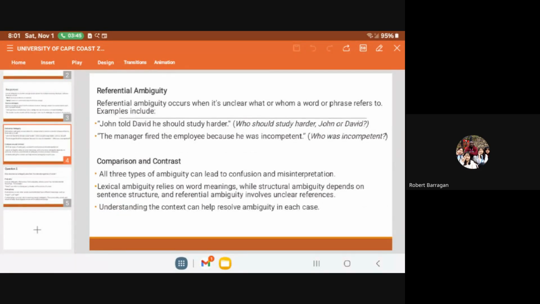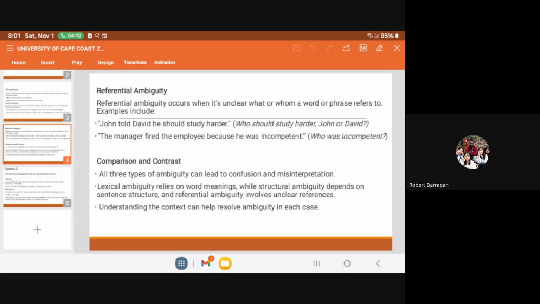And then we will look at referential ambiguity. Referential ambiguity occurs when it is unclear what or whom a word or phrase refers to. If we look at the example, John told David he should study harder. We don't know who is to study harder. Is it John or David? So who is being referenced in this sentence? It is unclear.